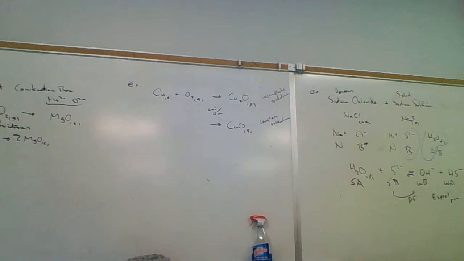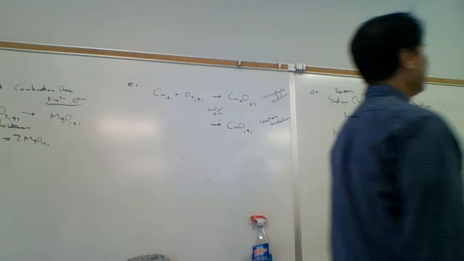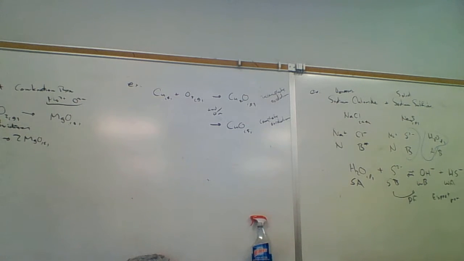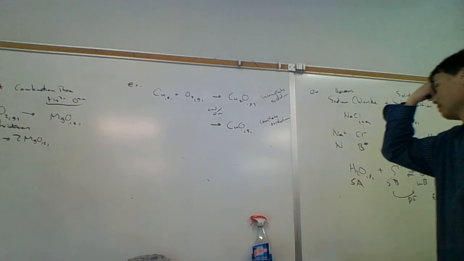This is interesting. Here's the gradual oxidation of, it looks like a copper penny here. You see the new pennies, the color, orange? And what happens? It gets darker and darker. The green is a different thing. I'll talk about that later.